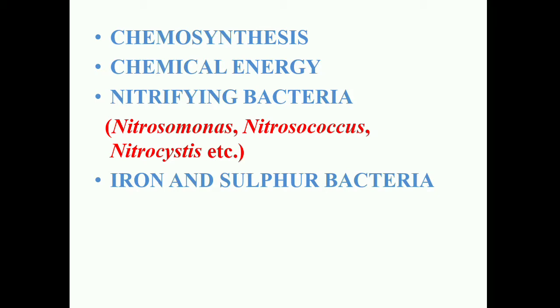That energy is utilized by bacteria for manufacturing their food, for producing organic compounds. And since they are dependent upon chemical energy, this mode of autotrophic nutrition we are calling chemosynthesis.